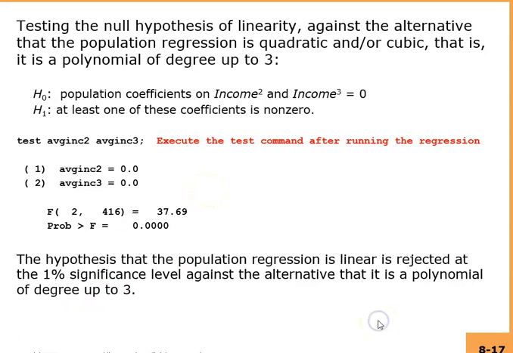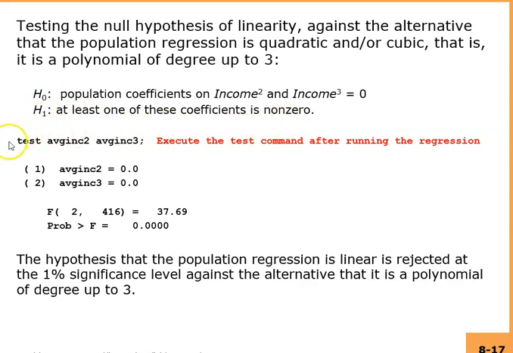If we as researchers were trying to test the null hypothesis of linearity against the alternative hypothesis that the population regression is actually a cubic relationship, then we will have to test the null hypothesis that the population coefficients on income square and income cube are equal to 0 against the alternative hypothesis that at least one of these coefficients is non-zero.